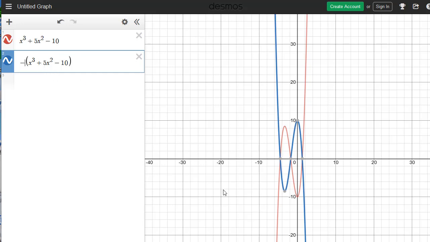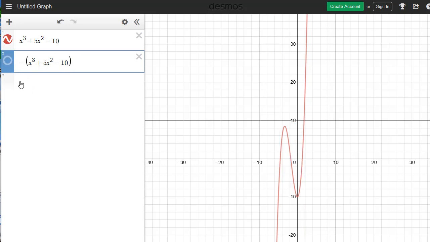And you can see what once was down is now up, and what once was up is now down. So it flipped it vertically. Okay, vertical transformation, you take the entire function in parentheses, put a negative sign in front, and you're good to go.